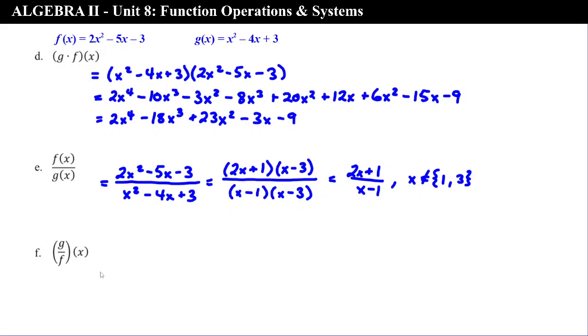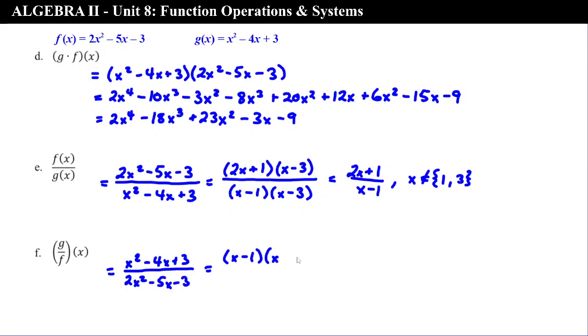All right, for f, we have g divided by f of x, which is simply g of x divided by f of x. So we're going to be doing the flip of what we just did. x squared minus 4x plus 3 divided by 2x squared minus 5x minus 3. The good thing is these factor just the same as they did before.